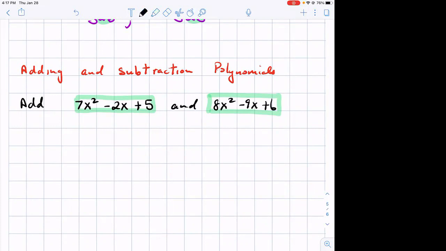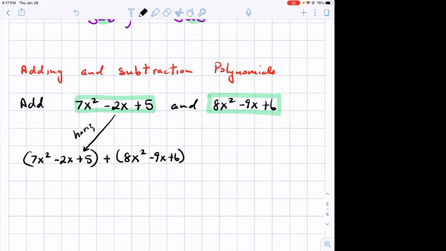So horizontally, we can write this as 7x squared minus 2x plus 5 plus the second polynomial, 8x squared minus 9x plus 6. Yeah? This is called the horizontal. Now you could do column or vertical.